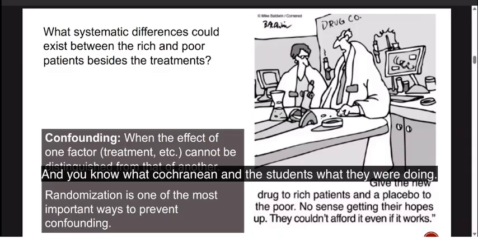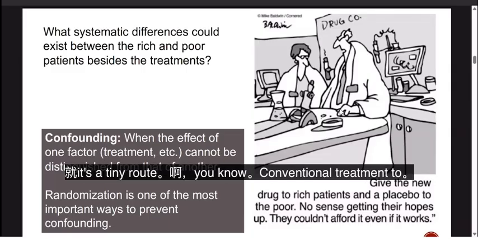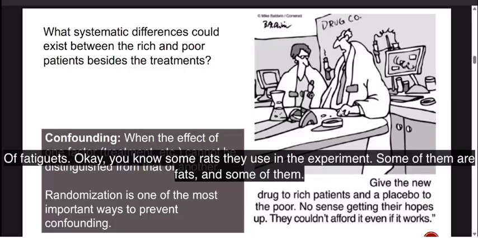And you know what Cochrane and his students were doing? They assigned the new treatment to tiny rats and the conventional treatment to fat rats.